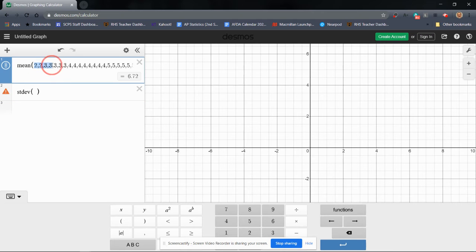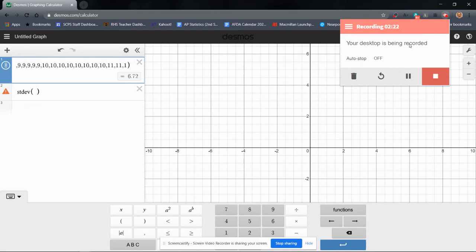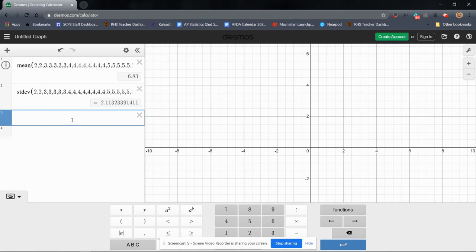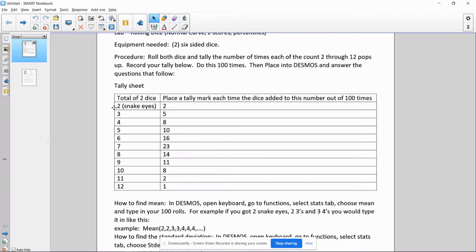And instead of retyping all those numbers, which was a pain, we're going to cut and paste those numbers if we can. I'll pause the video so I can do that. All right, so I got a mean of 6.83 and a standard deviation of 2.11.